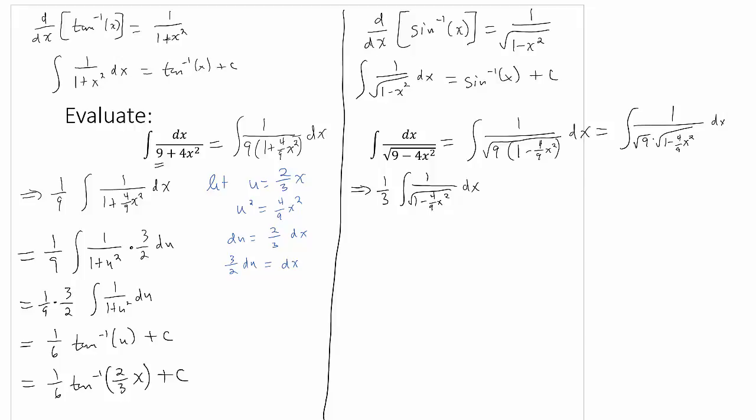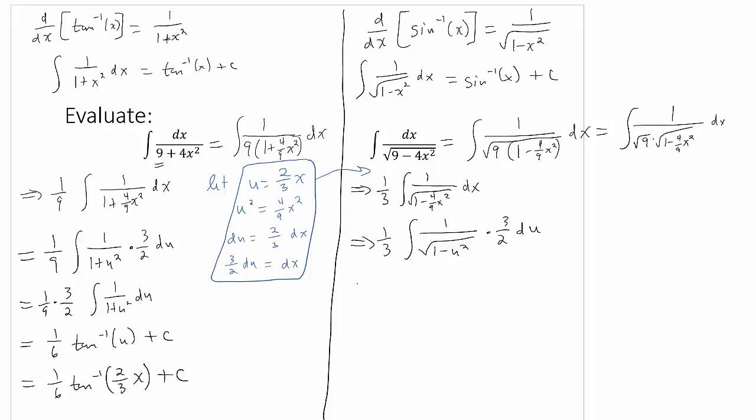I'm going to use the same exact substitution as I did in the previous exercise, because it still fits, it still works here. And so this would be 1/3 times the integral of 1 over the square root of 1 minus u squared and times 3/2 du.